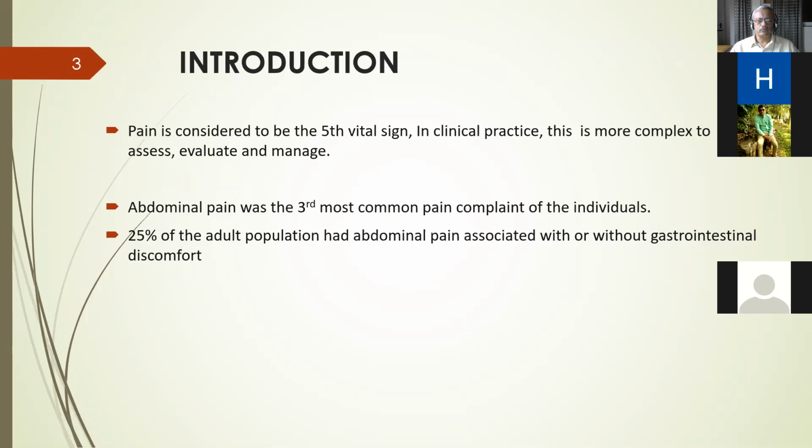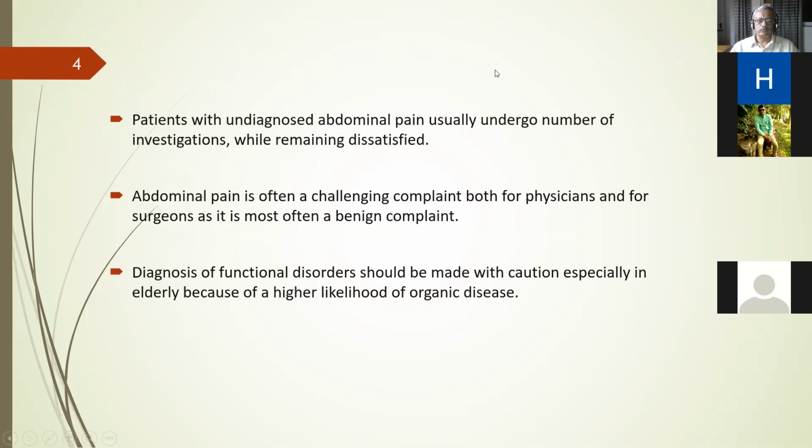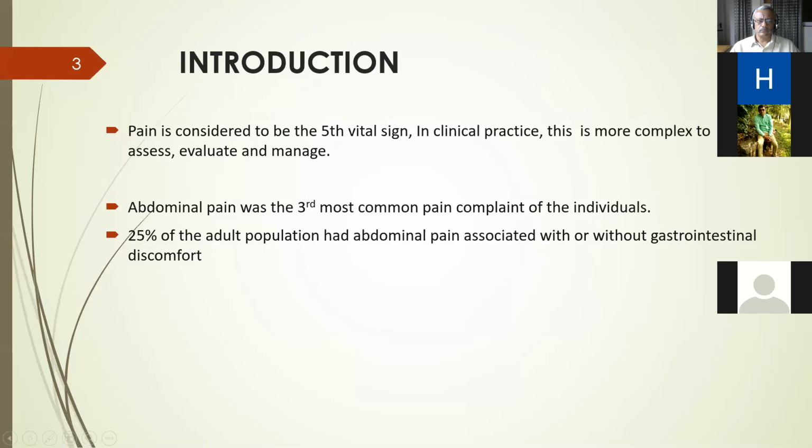As we know, pain is a common complaint of patients coming to OPD. It is considered the fifth vital sign. It is more complex and difficult to assess. Abdominal pain is the third most common complaint, and 25% of the adult population has abdominal pain associated with or without gastrointestinal discomfort.